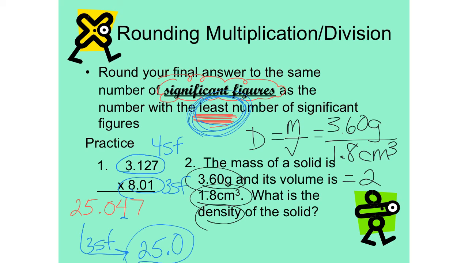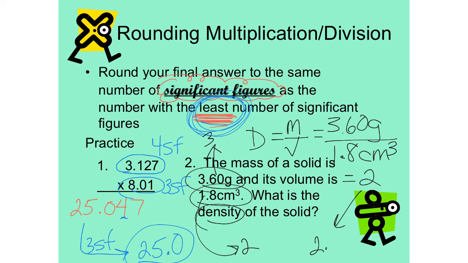But we need to take a look at significant figures. So 3.60, that is 3 significant figures. 1.8 is 2. We have to go with our least precise one. So we have to write 2 so that it has 2 significant figures.